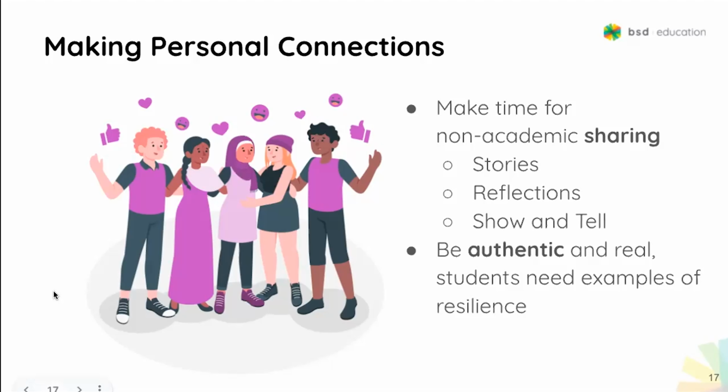I am a terrible speller. I rely heavily on dictionaries and spell check. By admitting that to them, they end up checking everything that I do and they try to catch my weakness. It just creates a conversation for us. And then it opens up to them releasing what their weaknesses are.